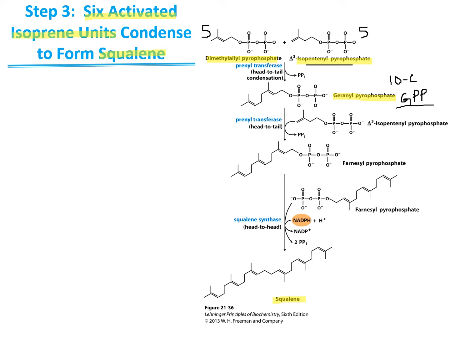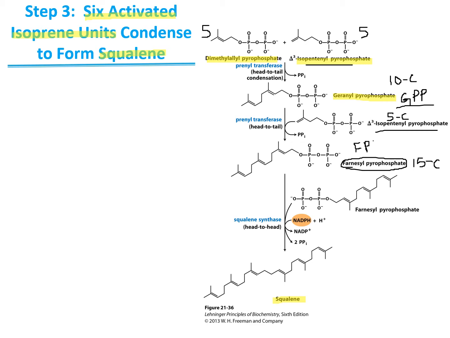So GPP plus one more IPP gives us this farnesyl pyrophosphate, or FPP, which has 15 carbons, as 10 plus 5 of this isopentenyl pyrophosphate gives us the 15 carbon molecule known as FPP, or farnesyl pyrophosphate.